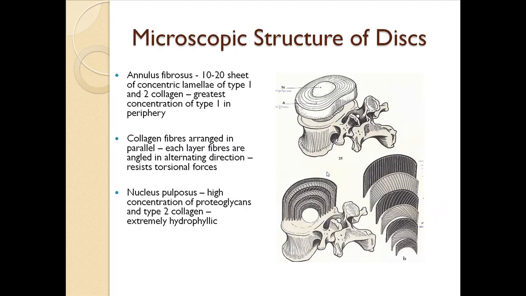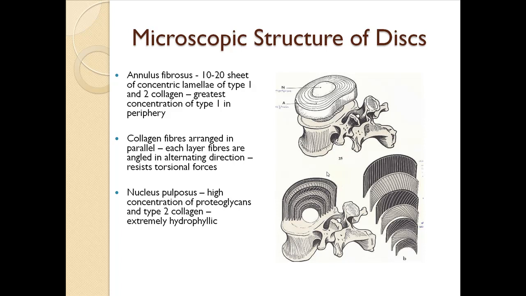The annulus fibrosus itself is made up of anywhere between 10 and 20 layers of concentric lamellae of type 1 and type 2 collagen. The greatest concentration of type 1 is peripherally, so it's much more ligamentous peripherally, and it's much more cartilaginous centrally.